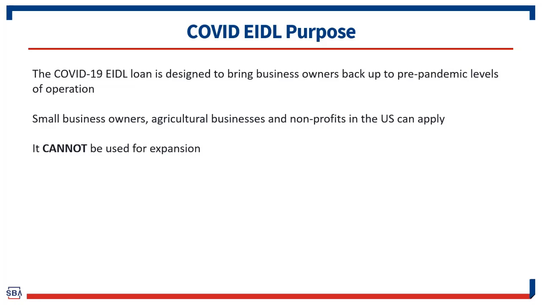Small business owners, agricultural businesses, and nonprofits located in the U.S. or U.S. territories can apply for this loan. It is important to keep in mind that this loan cannot be used for expansion. It is not meant to enhance or expand a business. It's designed, again, to bring businesses back to pre-pandemic levels of operation.